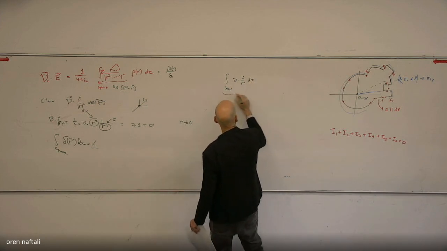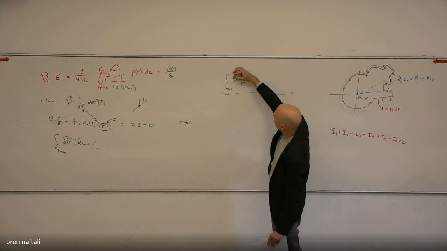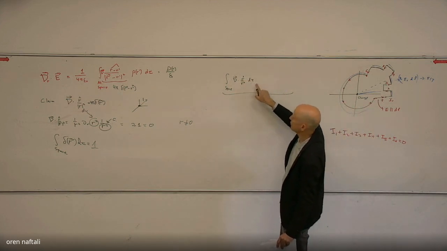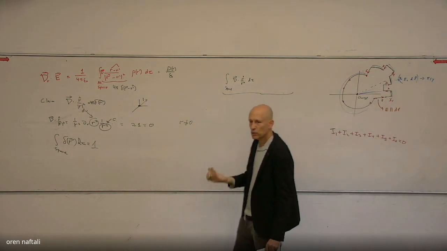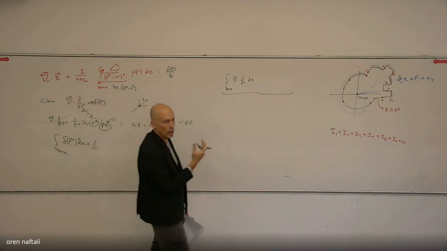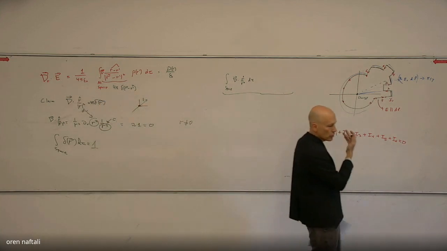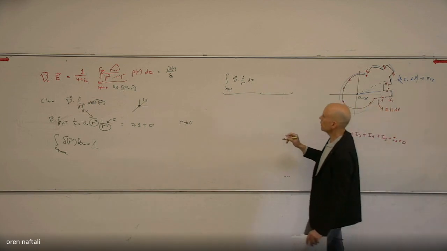And how do I do this? Now this looks like a strange integral, right? Because I have a divergence, and then I need to integrate. If I have a derivative of a function, and then I integrate it, it should be easy. And what is the name of the theorem that gives you this integration? Yeah, so this is the divergence theorem.